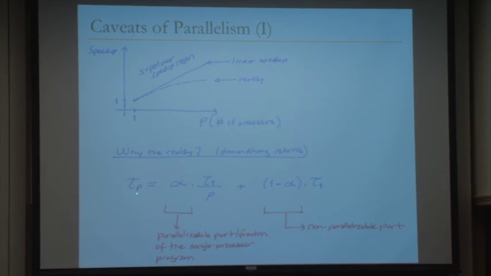The time taken with P processors is equal to the serial fraction times the time taken with 1 processor, plus the parallel fraction times the time taken with 1 processor divided by P. And because you have this non-parallelizable part, you get this curve that's sublinear. And if your parallelizable part is also not perfectly parallelizable, this makes your curve even more sublinear, right?